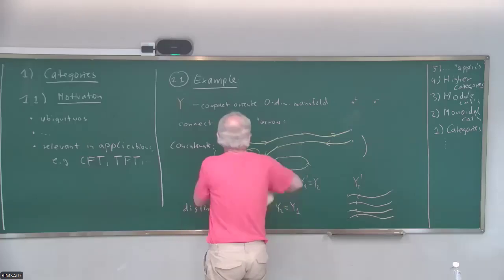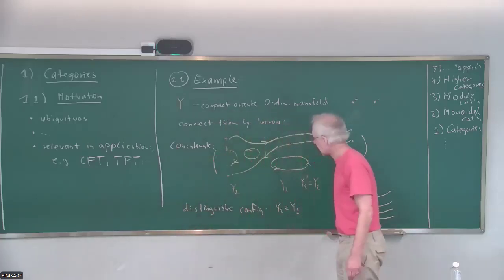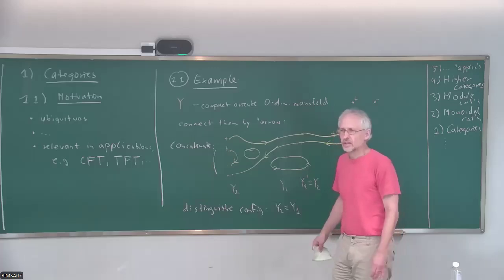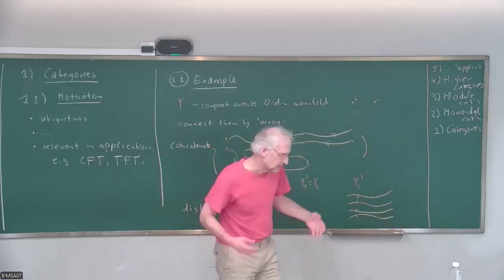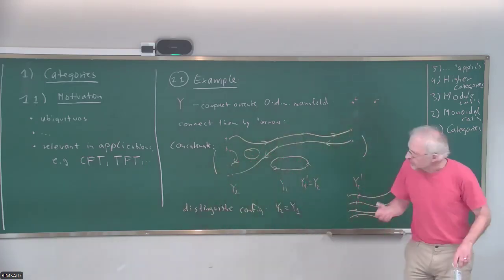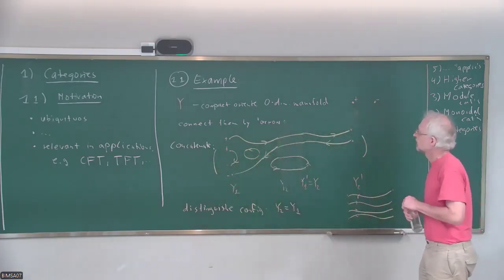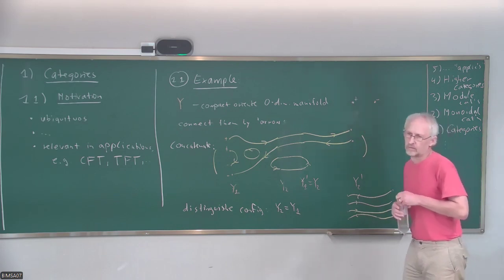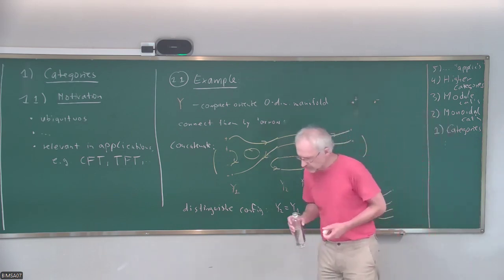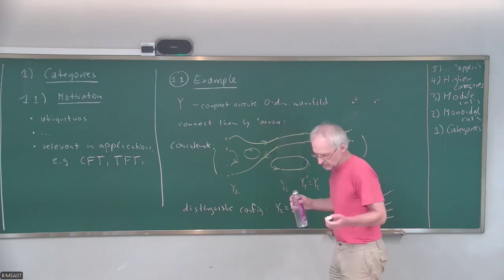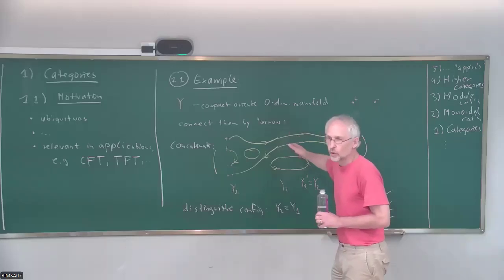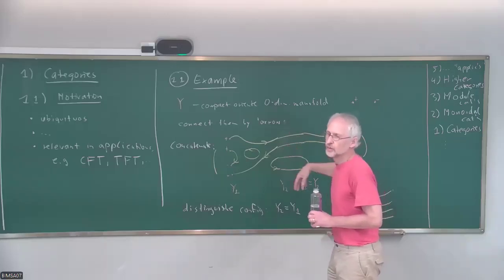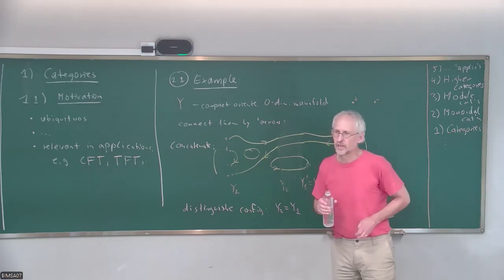And now we claim that this is of some interest, and therefore we would like to have a concept which has this as an example. And the relevant possibility is the notion of a category. Actually, in this example, we have more structure than the one of category. So I will come back to the example later on.